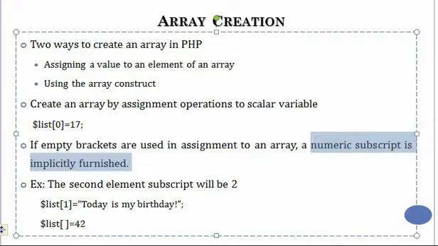Suppose here you already have an array whose key value is 1. What will be the subscript value for this particular thing? It will be 1 greater than the largest used so far in the array. So in this case, what is the largest subscript used so far?